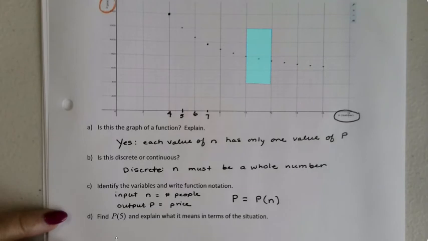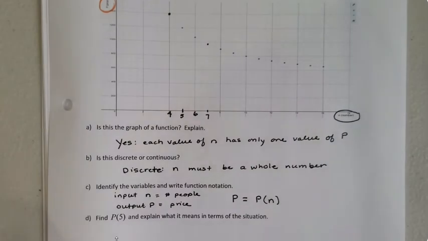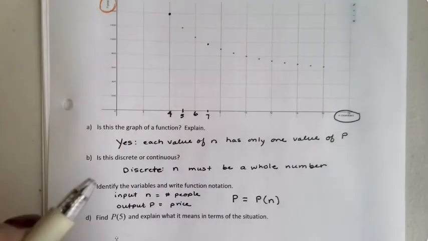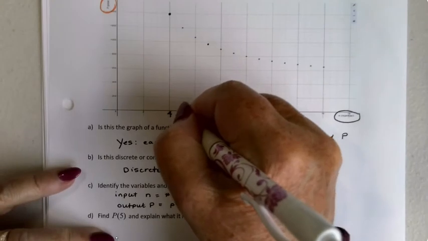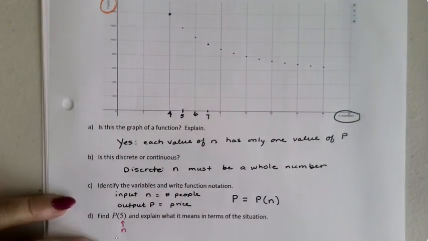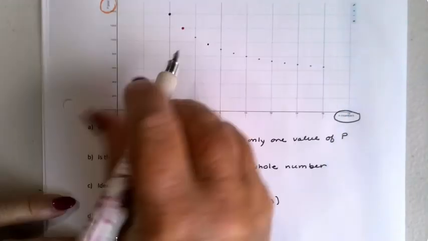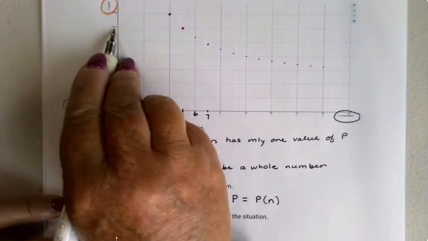All right, find P of 5 and explain what it means. So looking at P of 5 here, when the input n is 5, the output is 1200.